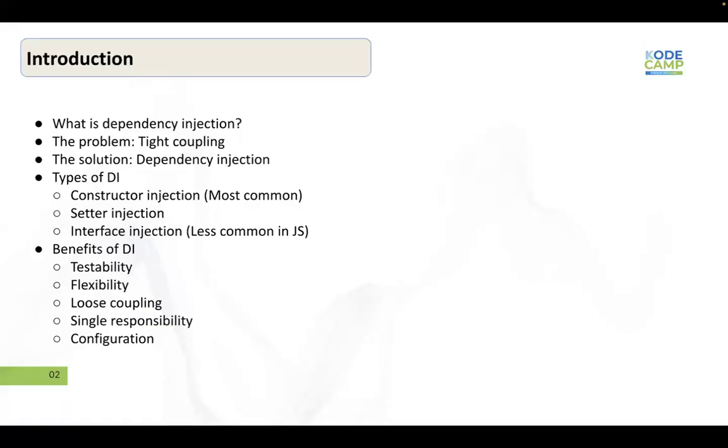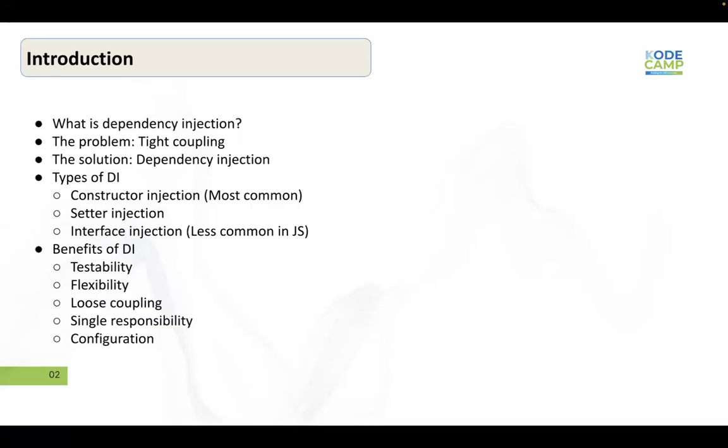Okay, so the problem is tight coupling. We should quickly take a look at an example of tight coupling and how dependency injection is here to solve our problem.